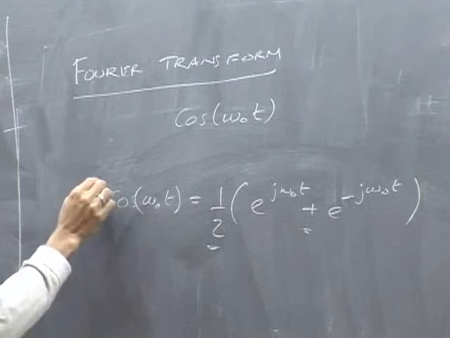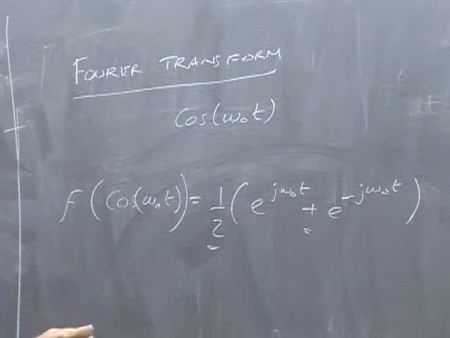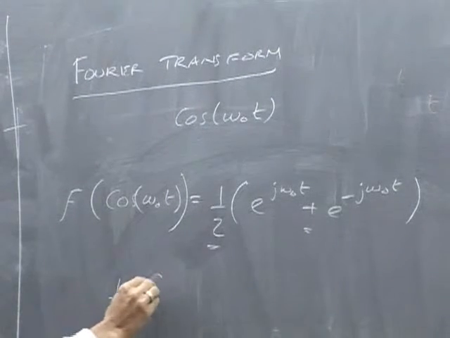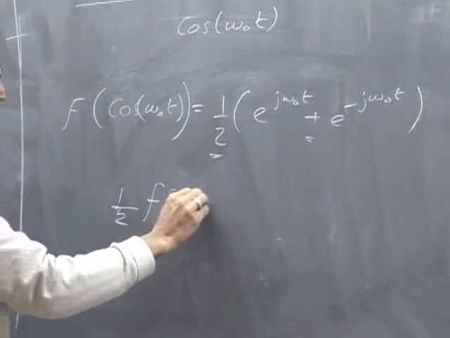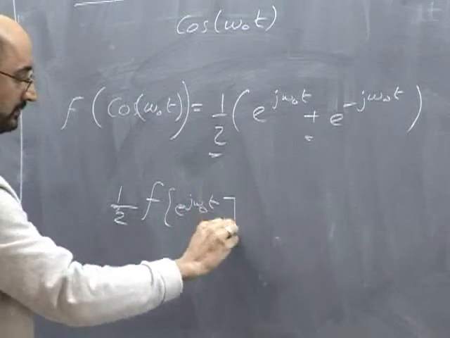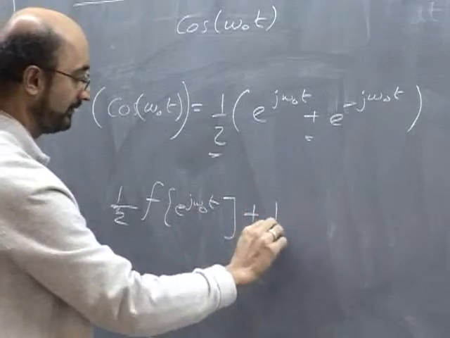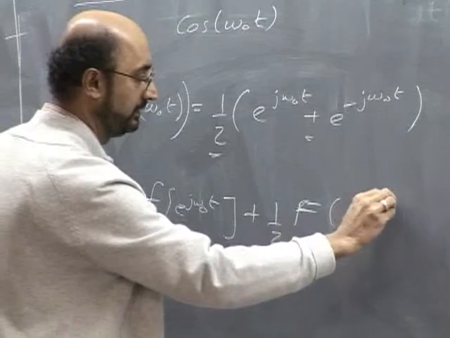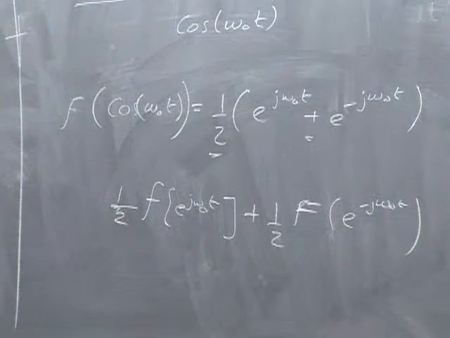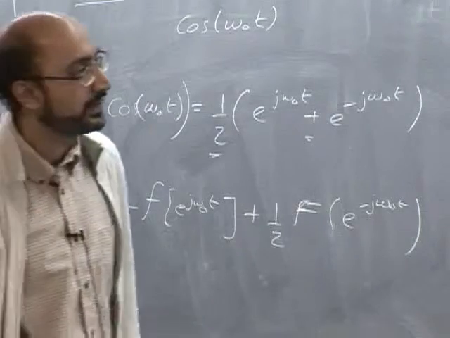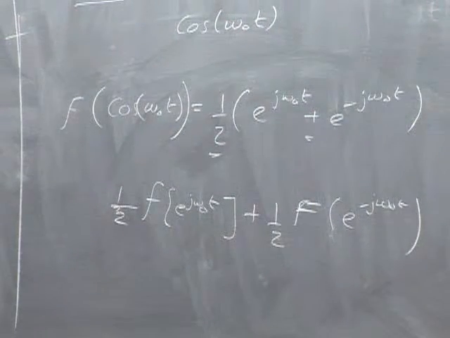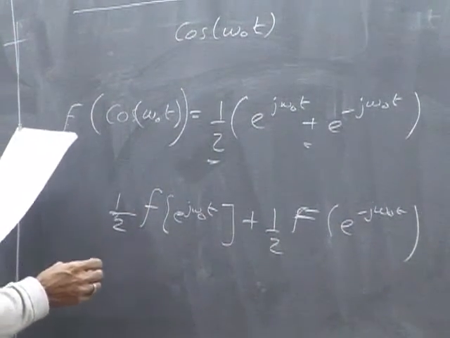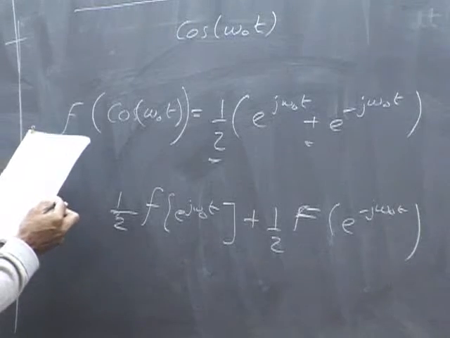So the Fourier transform of this is going to be given by half the Fourier transform of e to the j omega naught t plus half the Fourier transform of e to the minus j omega naught t. But I just showed you that, where did I show you that e to the j omega naught t corresponds to, okay, where did I put this now?